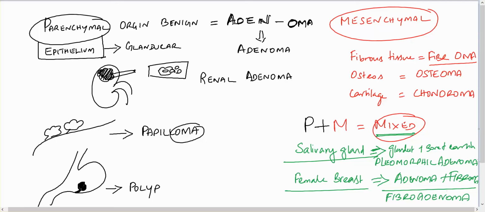So these are all mixed tumors. They have both parenchymal and mesenchymal components. So when we have parenchymal and mesenchymal components, we have to put both their names and tell the tumor name.